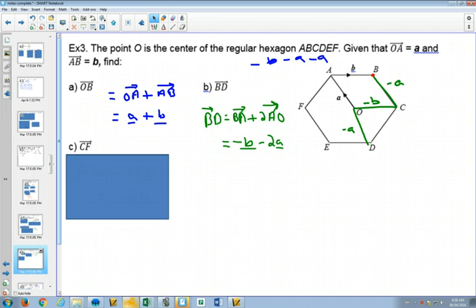Another way to look at it, okay, that was one route plan. Another route plan says, well, what would happen if I started at B and went this way first and then went 2 in that direction? That would be another route that would give me negative B minus 2A.